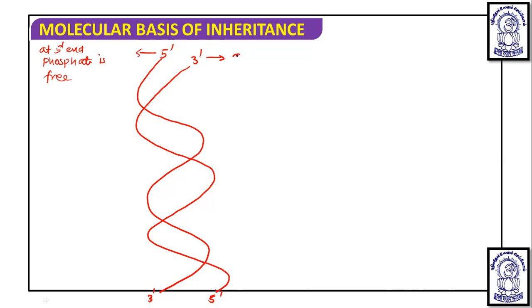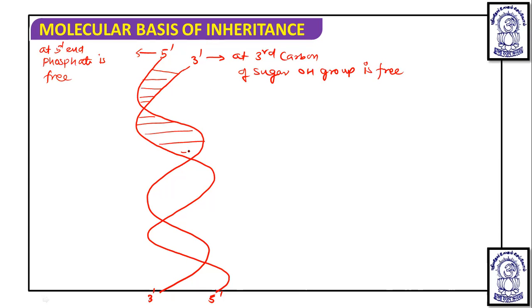And here at the third carbon of the sugar, the OH group is free. Now in between them, you will see the base pairing like this.